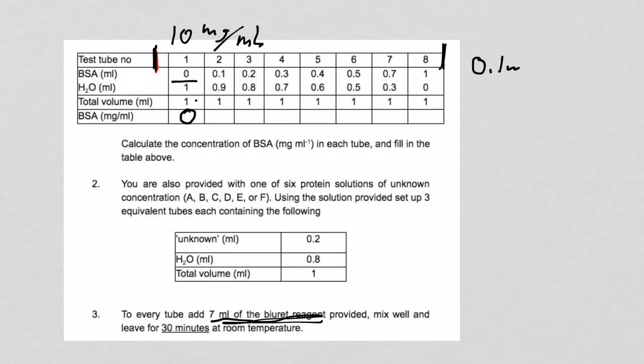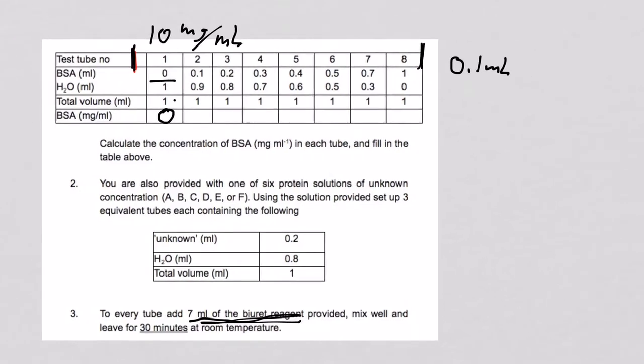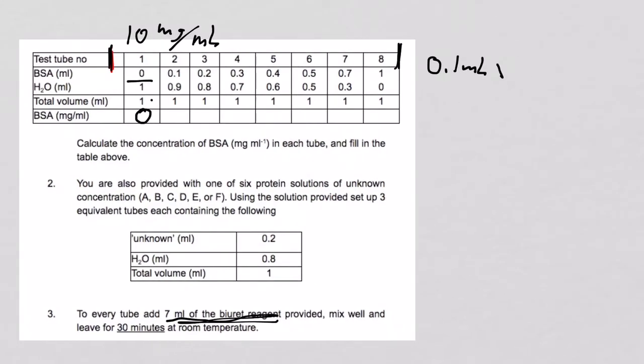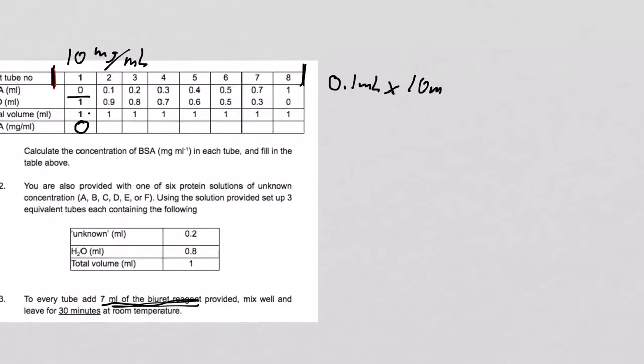We take 0.1 milliliter of a 10 milligram per milliliter solution. And our total volume then is 1 milliliter.